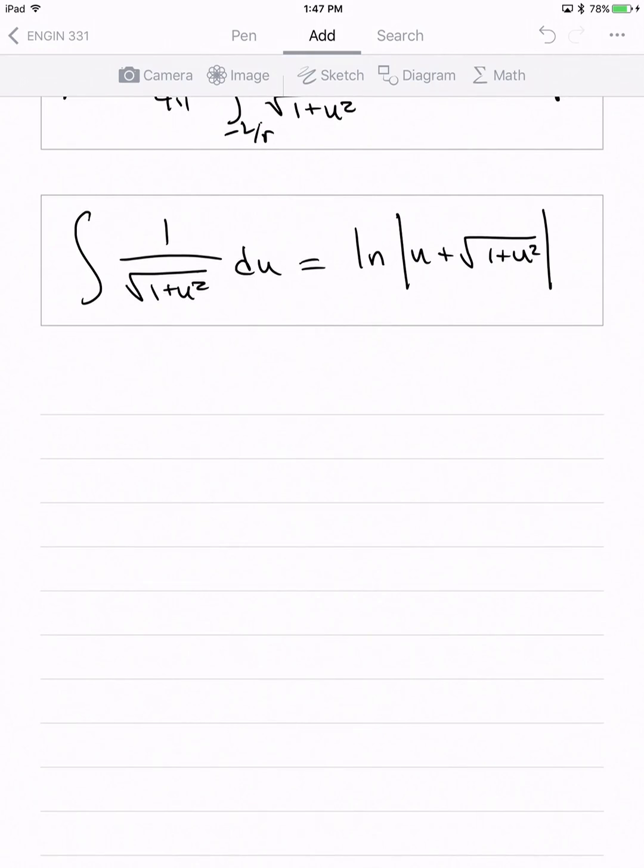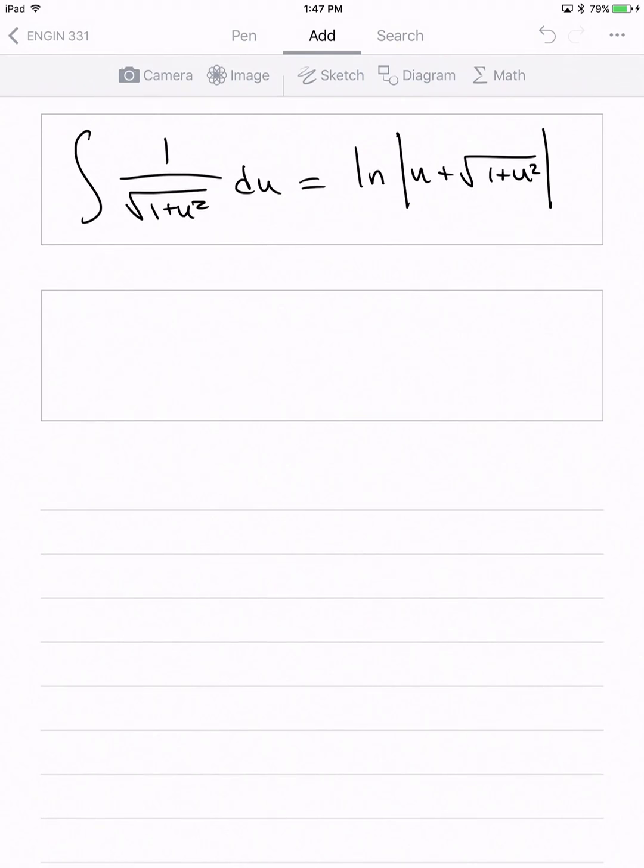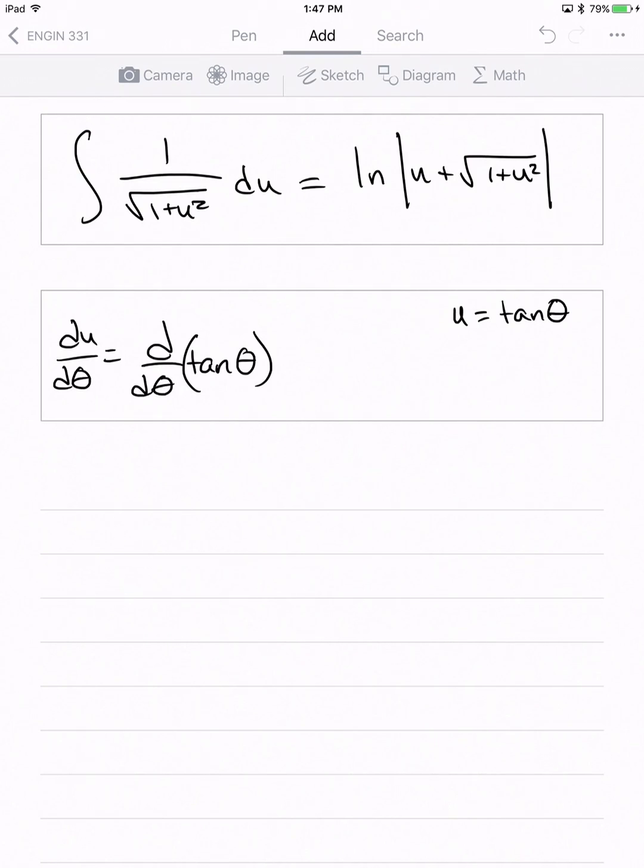All right, so what we're going to do is actually substitute again. We're going to say that u is equal to tangent theta. And that means that du is equal to du d theta. Here, I'll just write this bit out too. du d theta is equal to the derivative with respect to theta of tangent theta, and that's going to involve some product rule stuff.